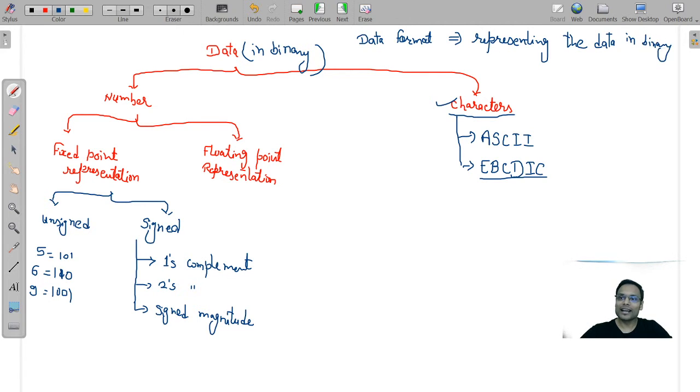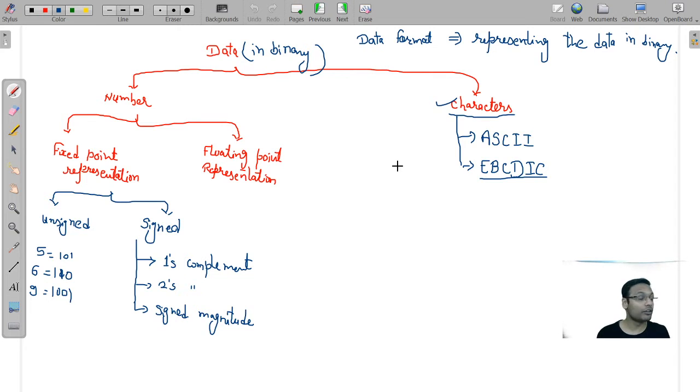So what exactly is the architectural decision? In the architecture, I told you the data format is given, which means while designing the CPU, you need to decide this: my CPU will take numbers in what format? My CPU will take fixed point numbers in what format? My CPU will take characters in what format?